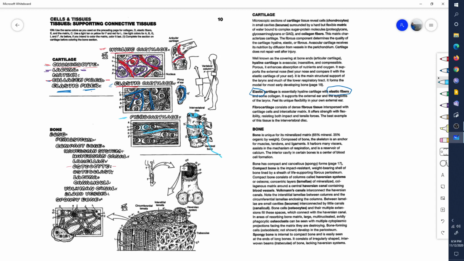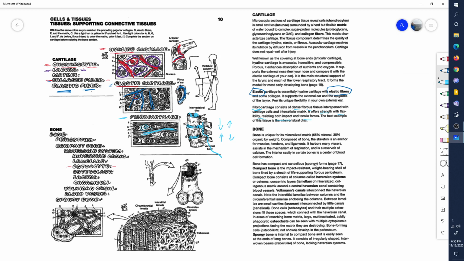So let's review on the right side here. Fibrocartilage has that dense fibrous tissue. Lots of it. You can see there's more than the others. That's why it's so strong. It offers strength and flexibility, resisting impact and tensile forces, meaning compression forces in the spine and stretching forces in the spine. It resists those forces equally as well.